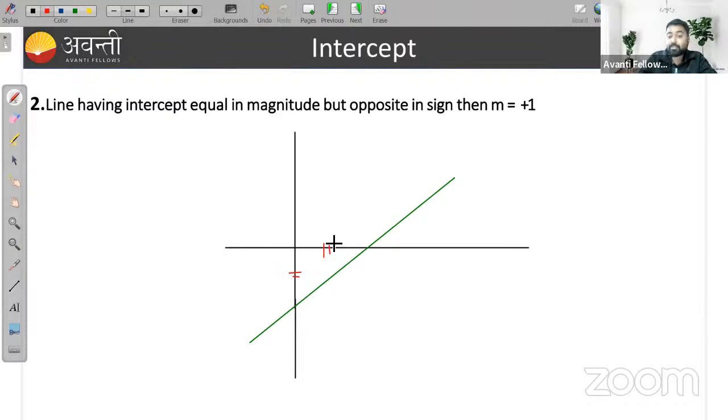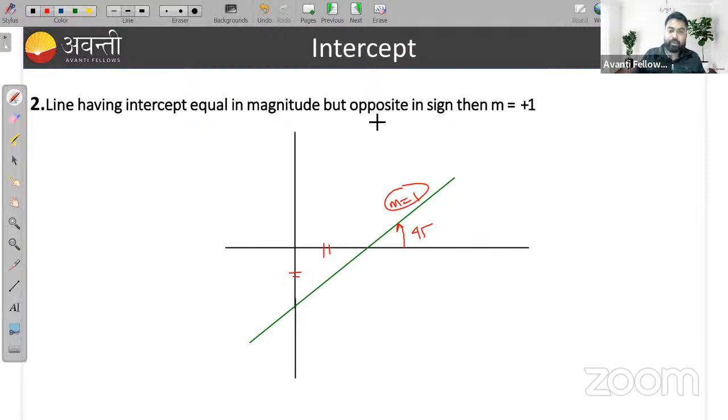So what is the angle the line makes with the positive x-axis? This angle is 45, and the slope is tan of 45, that is 1. So m is equal to 1 in this case. Is that clear to everyone?